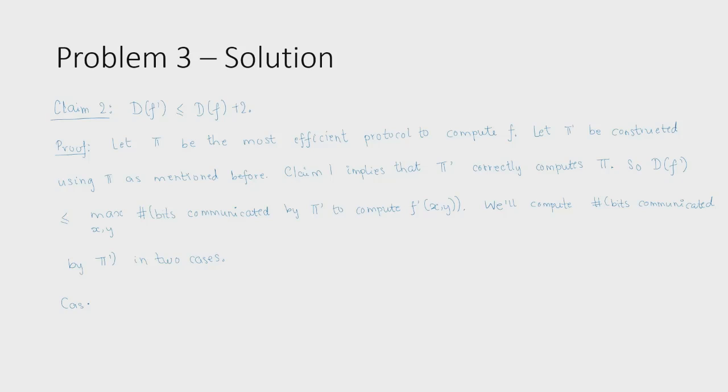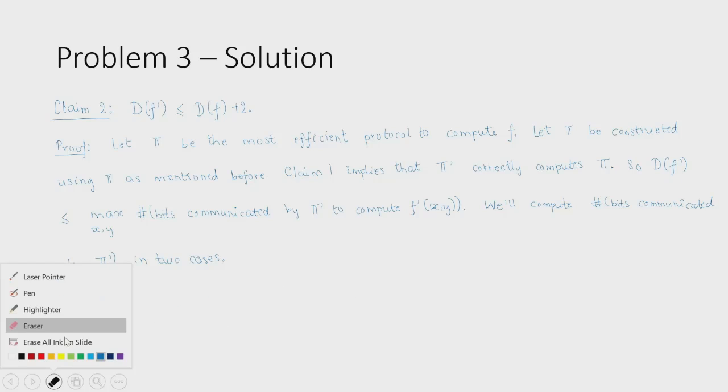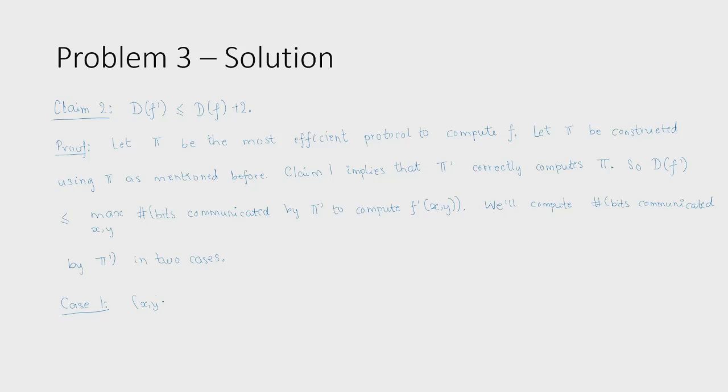Case one: x comma y is equal to 0 to the n comma 0 to the n. In this case, pi prime just communicates two bits, right? Yes.